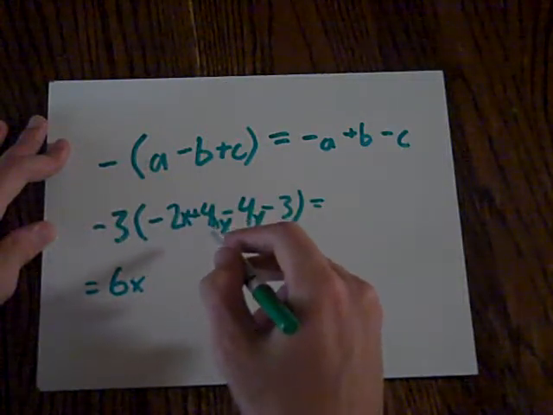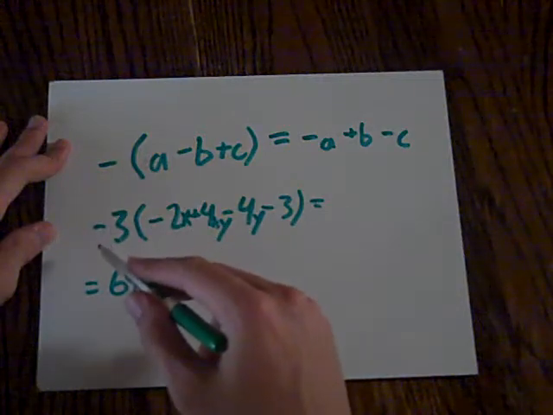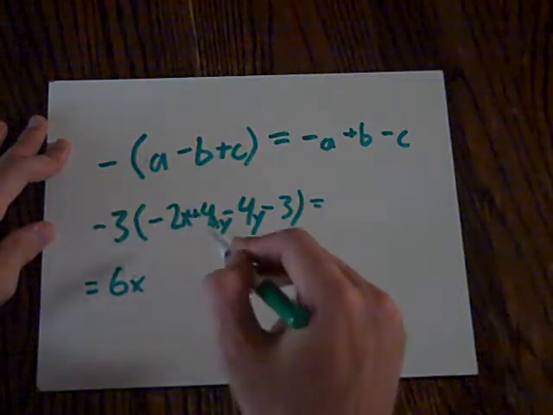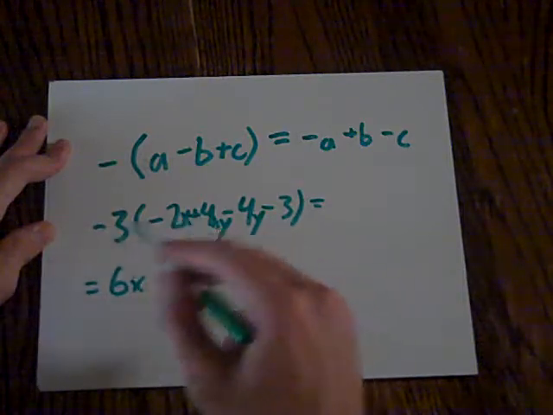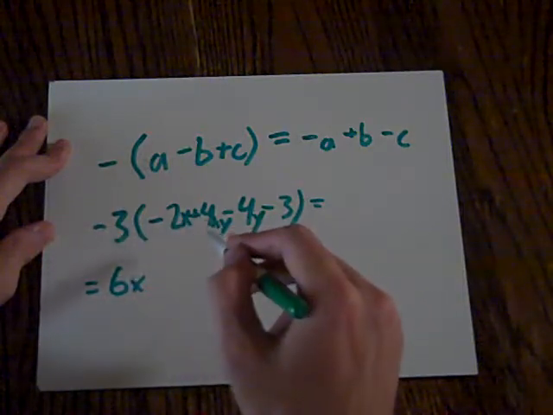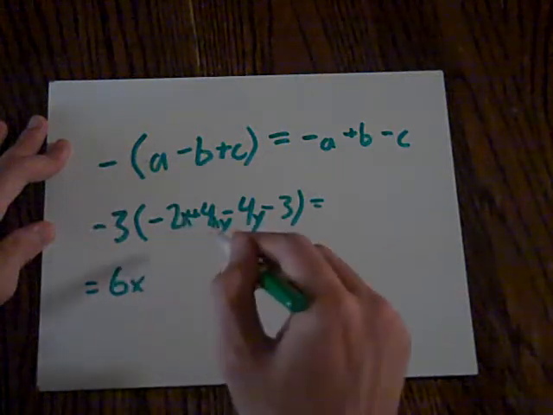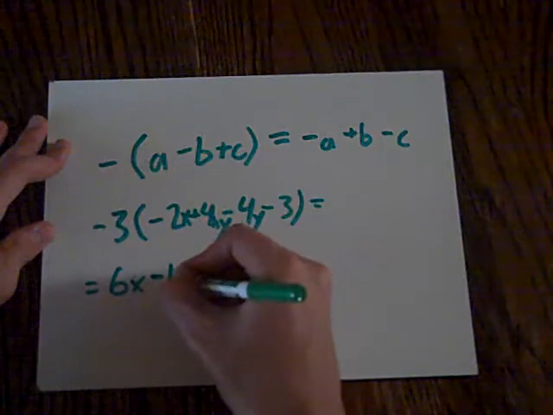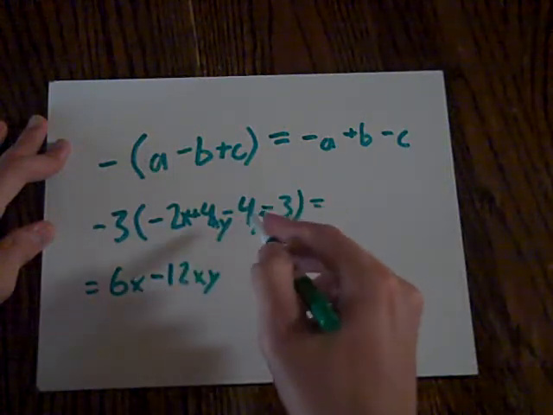Then there's a 4xy, so a negative thing happening to a good guy, which is positive 4, that's a bad thing. So that would be negative 12. Negative 12xy.